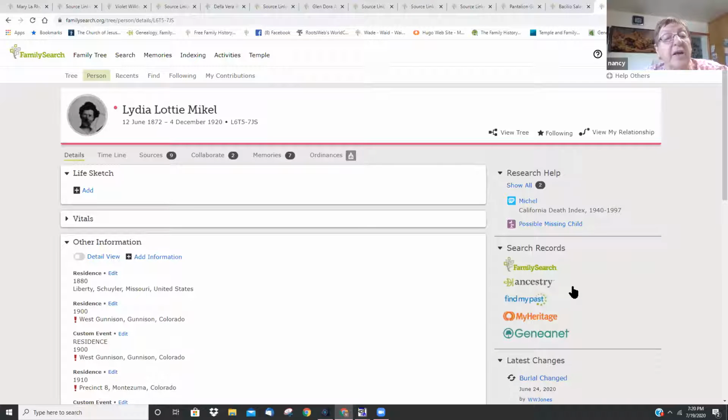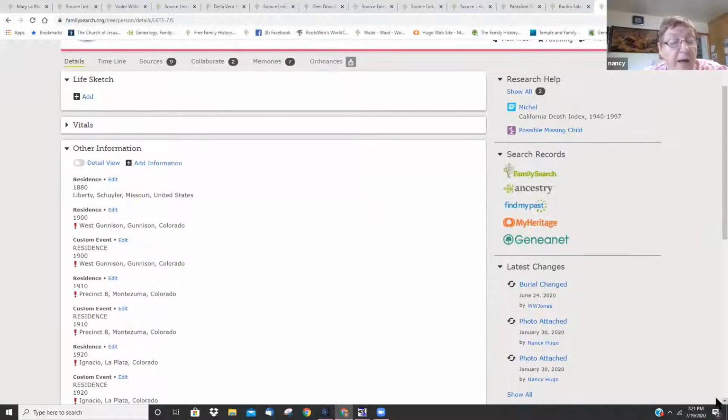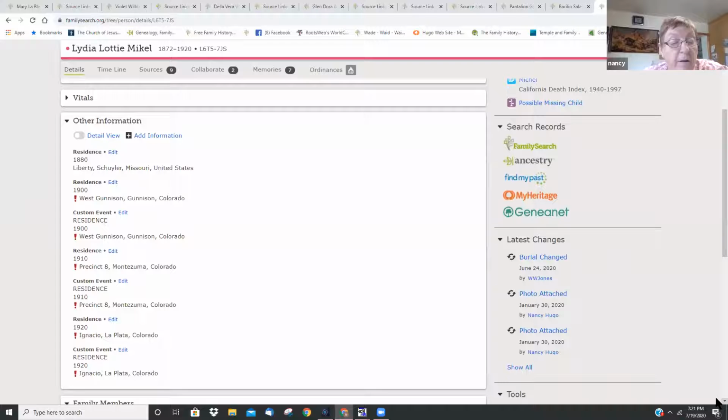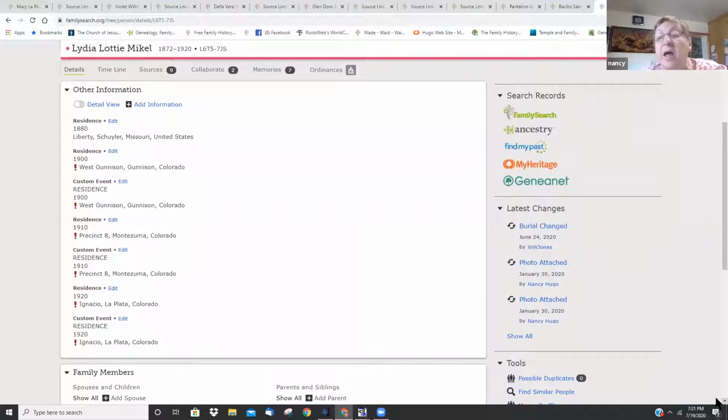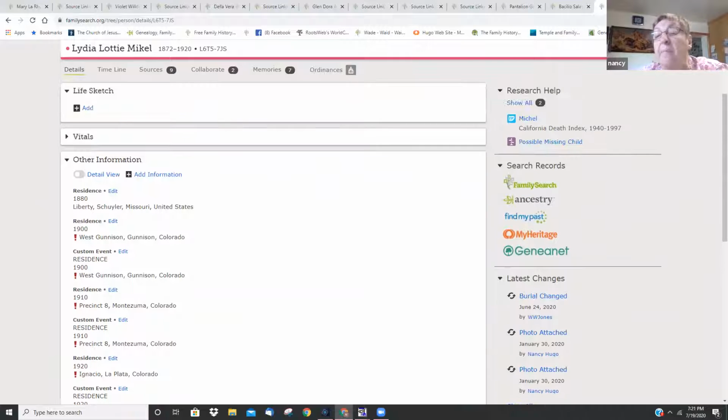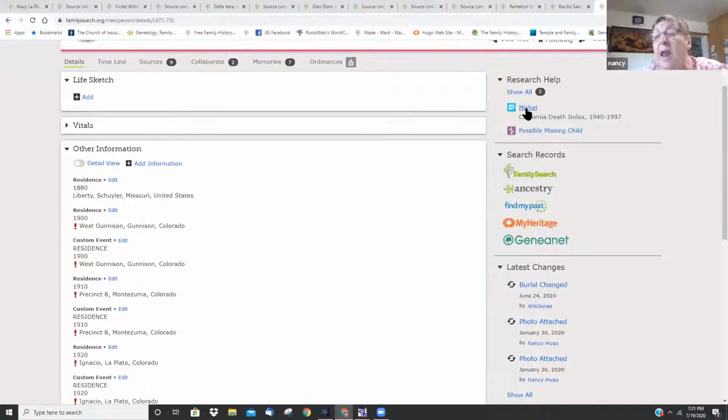And as I look in hers, I see that the logarithms have said that maybe she's in the California Death Index. And if I look over here and look for her death, it doesn't list her death. So I would have to go through and look at that hint, and I might find out that in fact the logarithms were able to help me find out when and where she died.